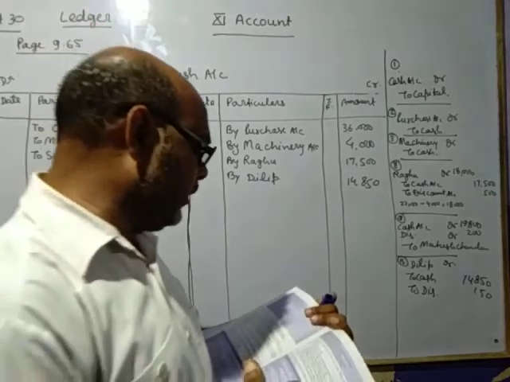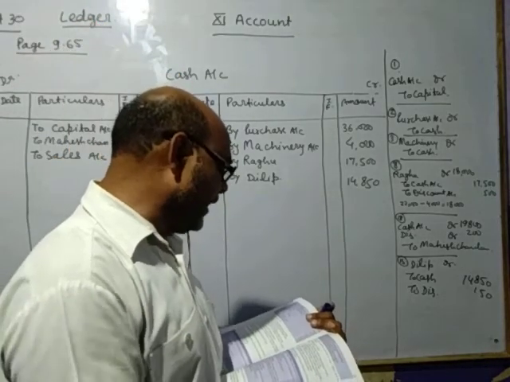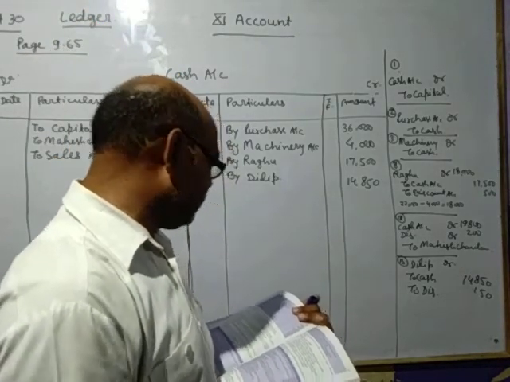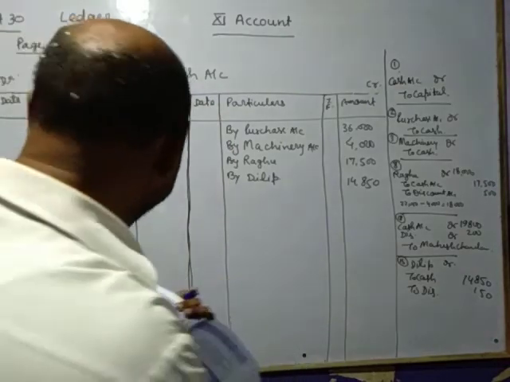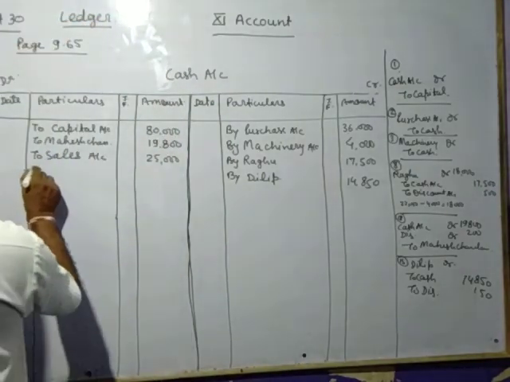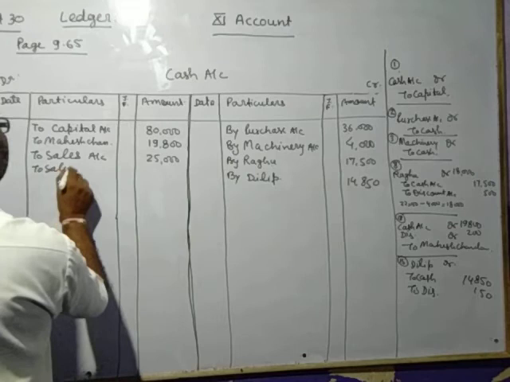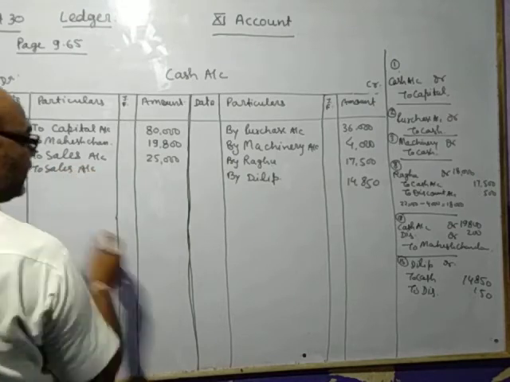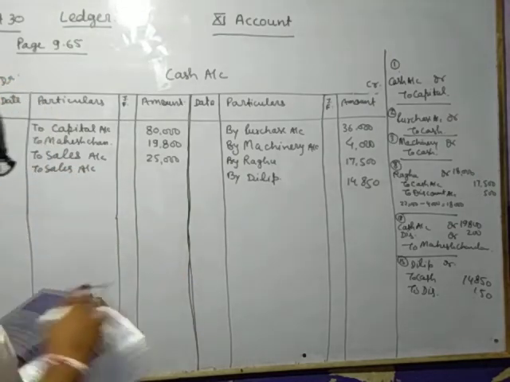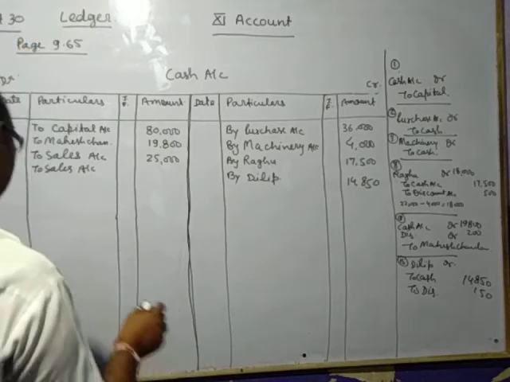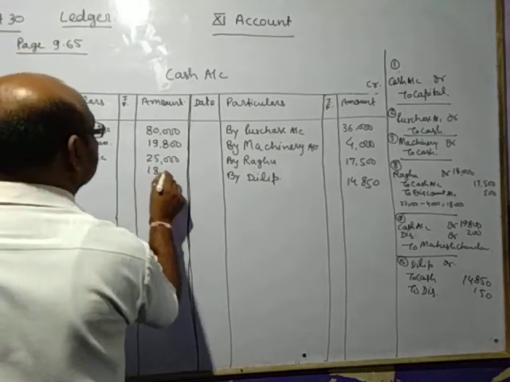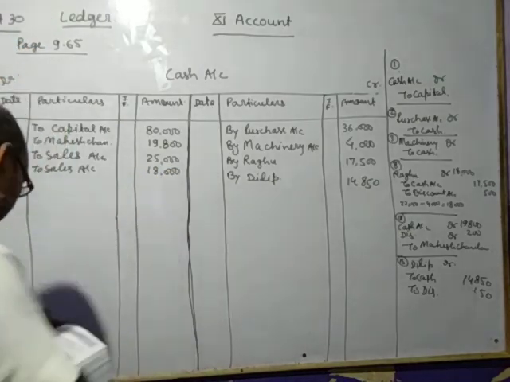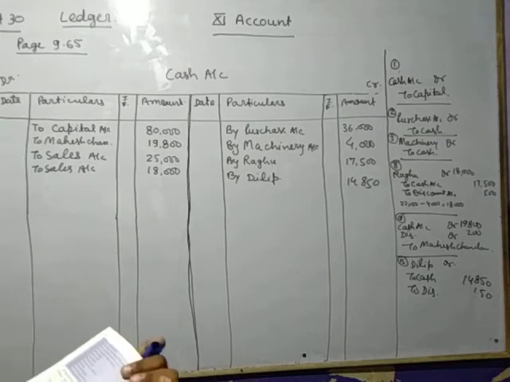So cash account debit to Sudhir, to sales account. So cash is the debit. So on the debit side you will write to sales account, because this is a cash transaction. So the name will not be recorded. 18,000. You will not write the name Sudhir because it is a cash transaction.